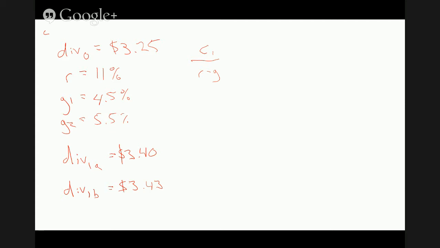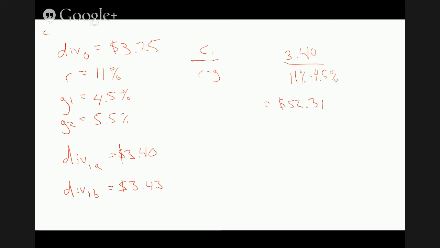So our first calculation for dividend 1A would be $3.40 over 11% minus 4.5%. And that comes out to about $52.31.